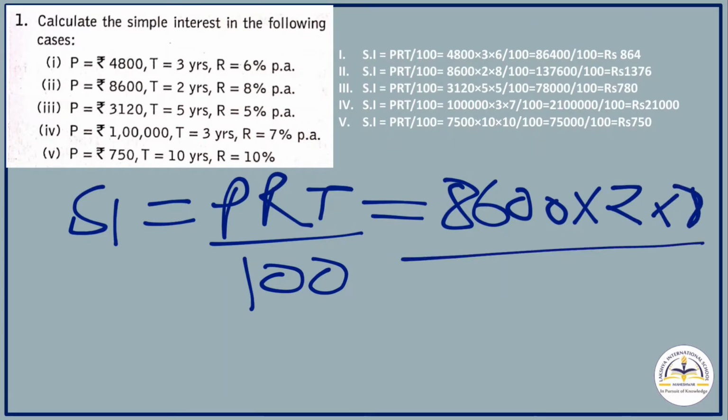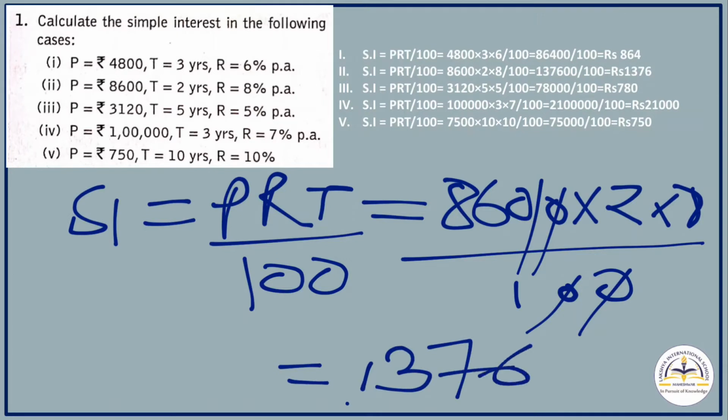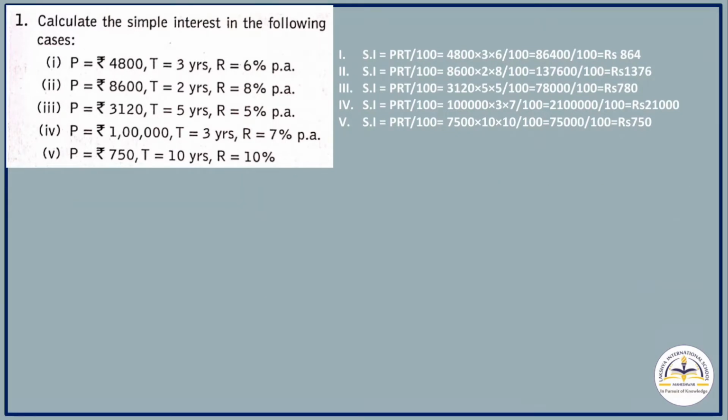Here 2 is time and 8 is rate. Now divide by 100, zeros cancel out, then when you multiply you will get the answer 1376 rupees. So this will be the simple interest of question number 2. In the same manner you have to solve question number 3rd, 4th, 5th.